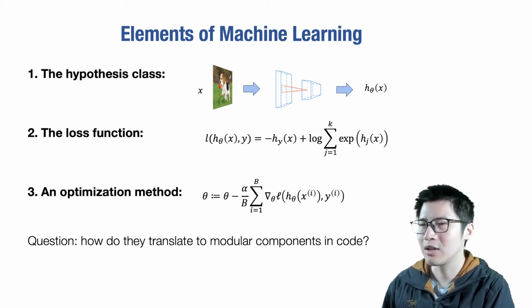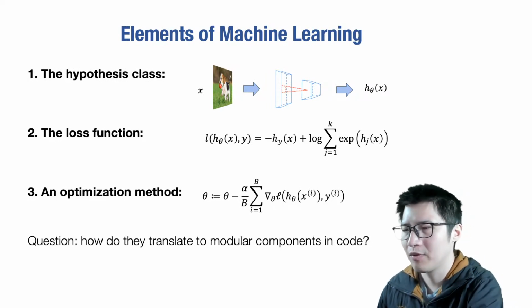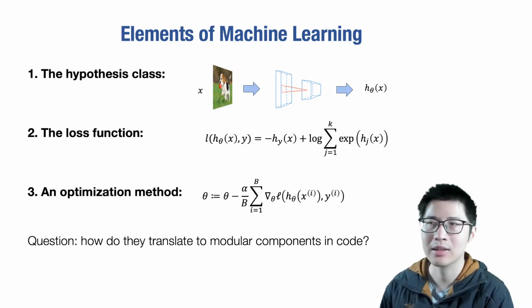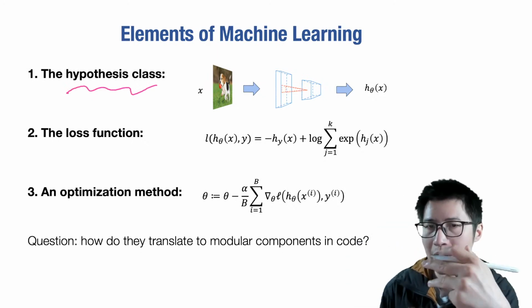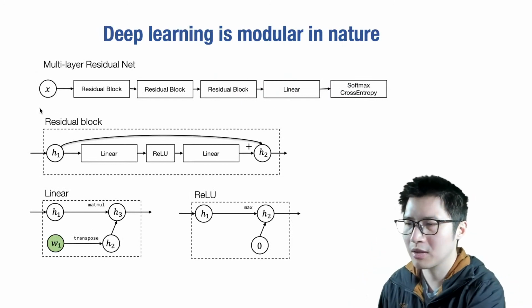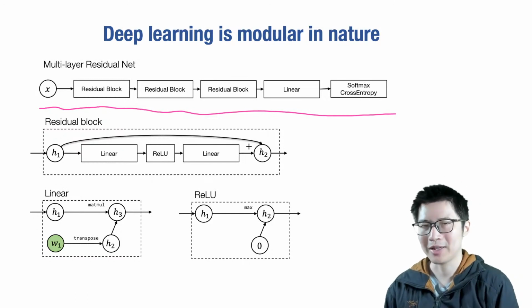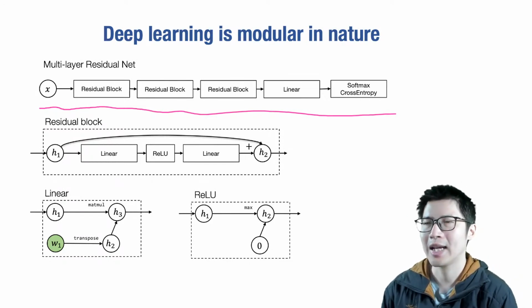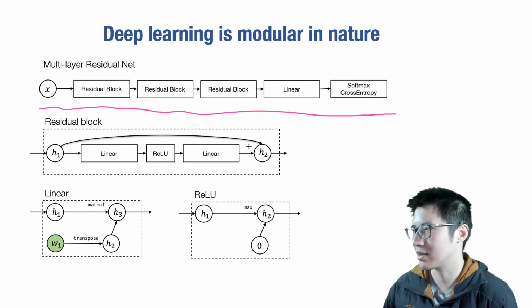If you think about the context of deep learning, you will find that deep learning is even more modular, in the sense that not only does it have these 3 components, hypothesis class, loss function, and optimization method, but the hypothesis class itself is very modular. Let's take this as an example of what you would typically see in our neural network model. When you look at different neural network implementations, sometimes you will see visualizations in this style or a similar style.